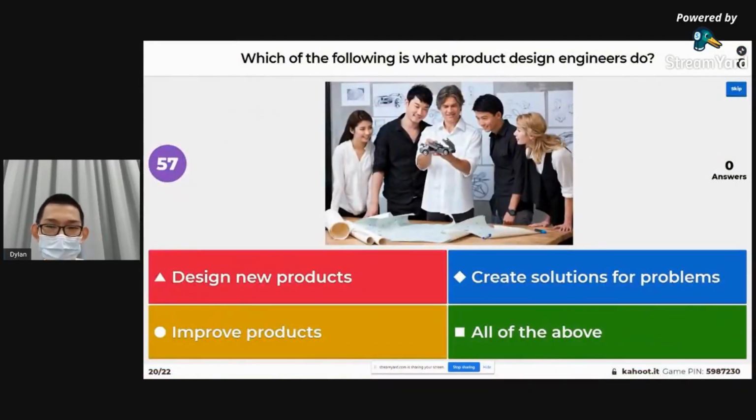Which of the following is what product design engineers do? Do they design new products, create solutions for problems, improve products, or all of the above?